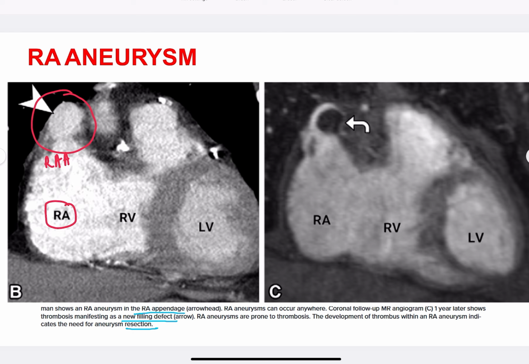This is the coronal image of the MR, and we have now seen the presence of a filling defect in this outpouching, that is the aneurysm. That is, thrombosis has developed in this outpouching. The importance of thrombosis is that now it is an indication for aneurysm resection. So this is an example of right atrium aneurysm.